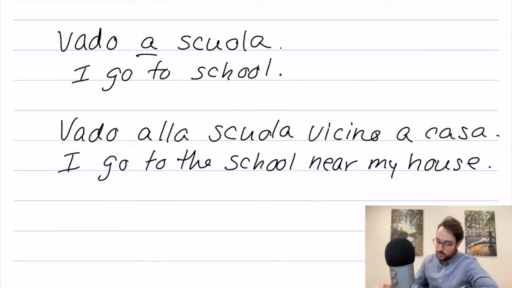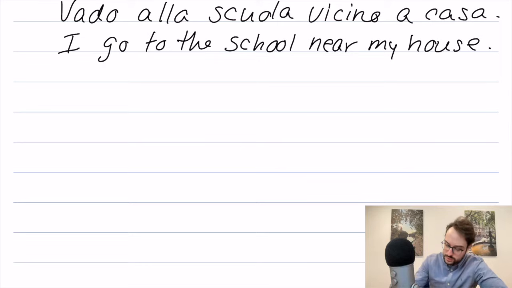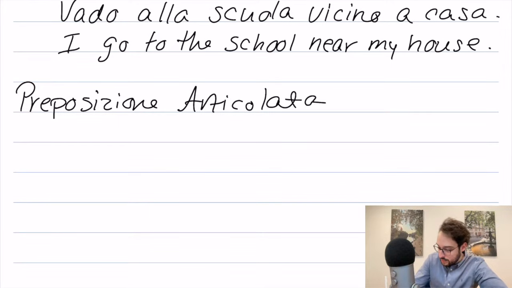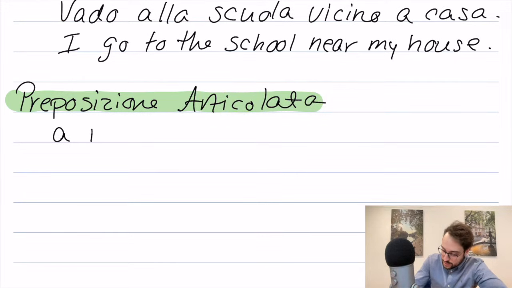So this is a. Let's look at all the articulated forms. This is what we call a preposizione articolata. Very nice. Okay, preposizione articolata. We say when a is next to il in a sentence, it becomes al.